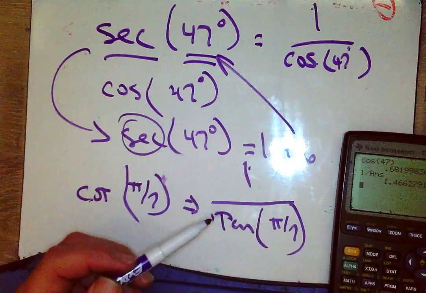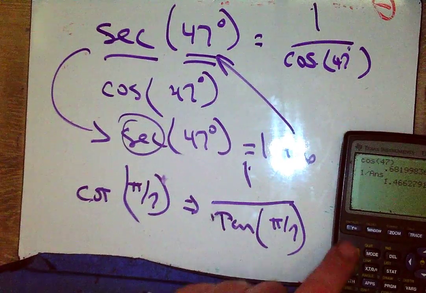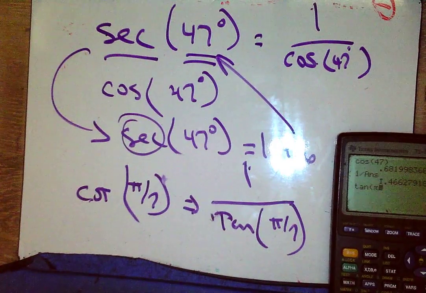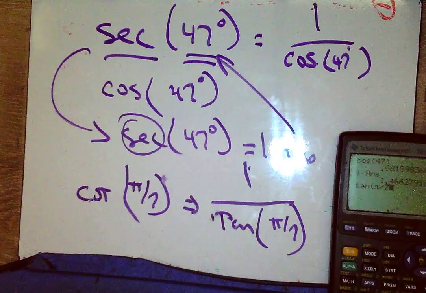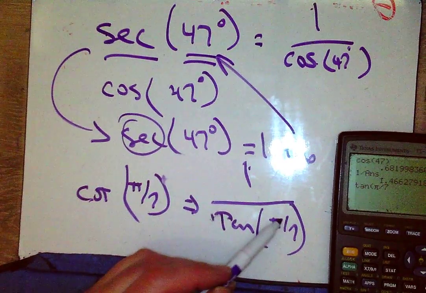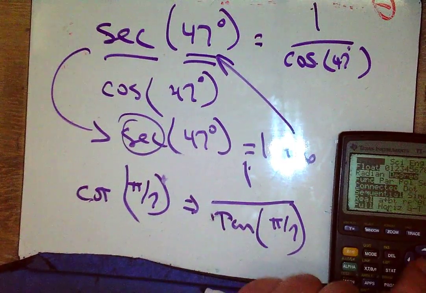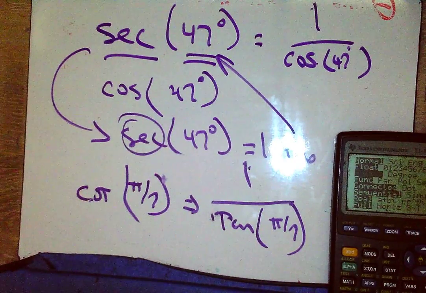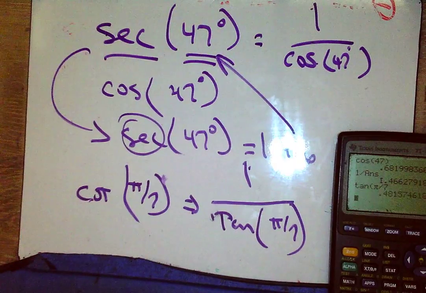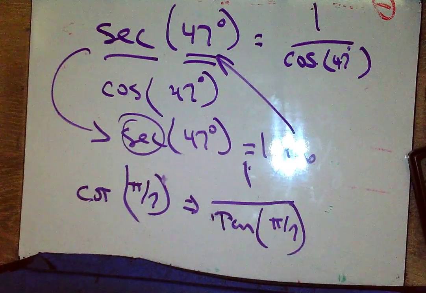It's the reciprocal. So if on my calculator I say, what's the tangent of pi divided by 7? Well, wait a second. Pi over 7, that's not degrees. Mode, radians. Oh, yeah. So the tangent is this number.